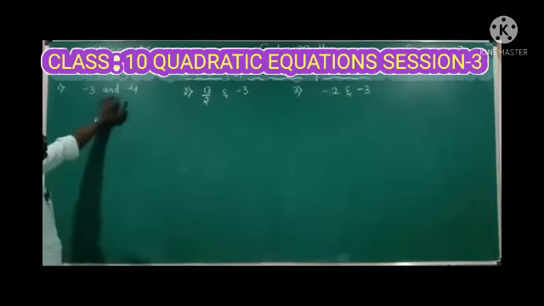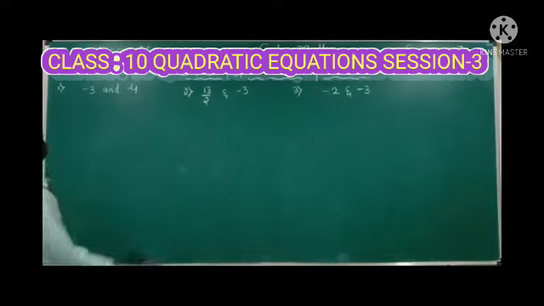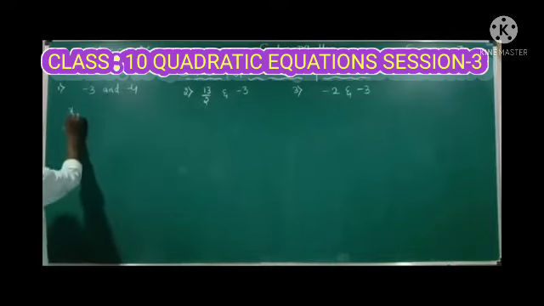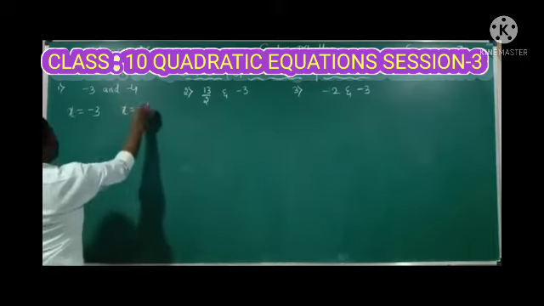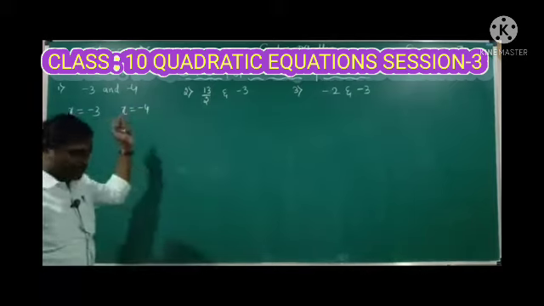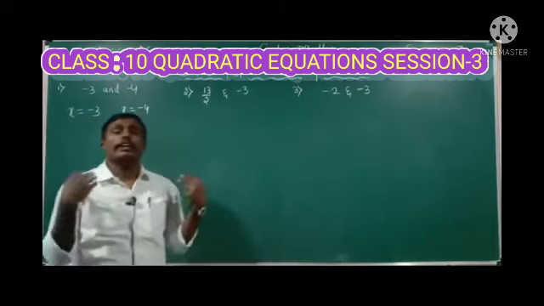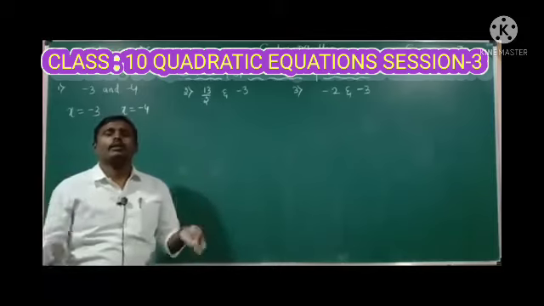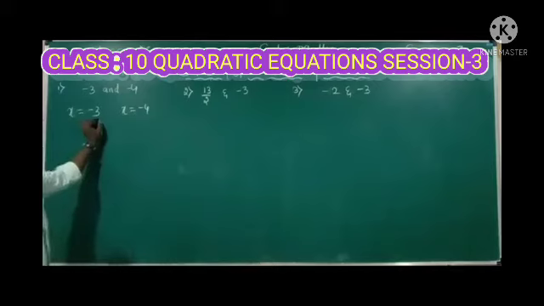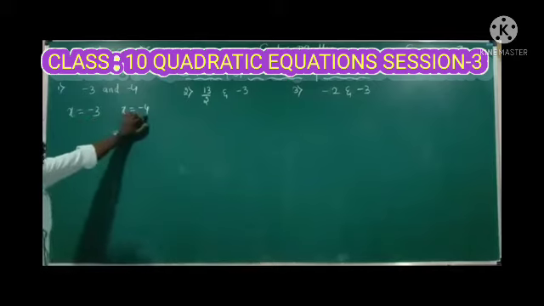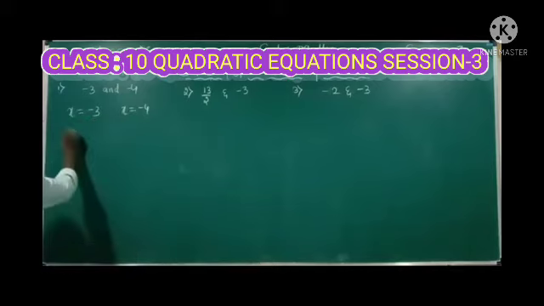So the two roots are minus 3 and minus 4. These roots are considered as x is equal to minus 3. What is the second root? x is equal to minus 4. Here we can also take y is equal to minus 3. You can take any variable, either a, b, c, d, whatever it may be. Okay, so x is equal to minus 3 is one root and x is equal to minus 4 is another root. Now in x minus 3, take this minus 3 to the LHS side.